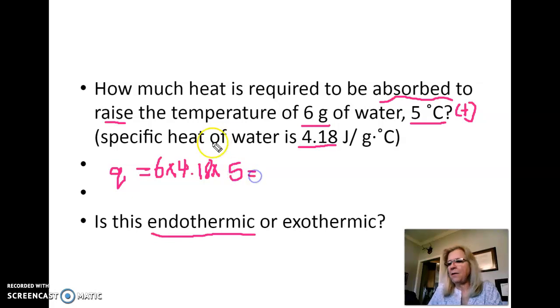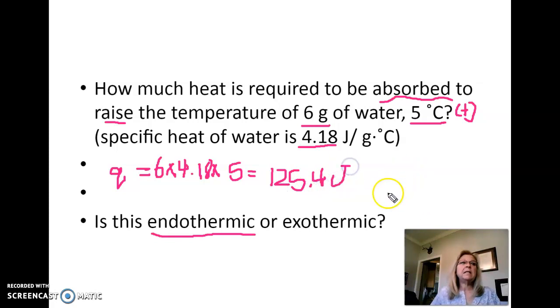And when we do that math, we end up with 125.4 joules. Okay, and yes, of course, this is endothermic.